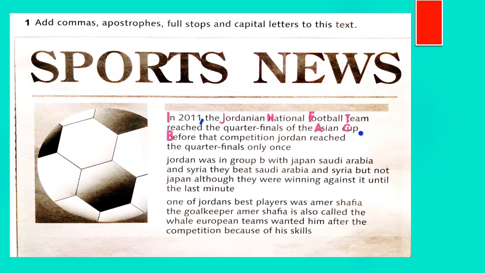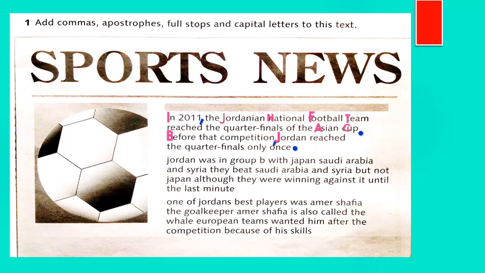So we add a comma. Jordan is national and it is a proper noun. So Jordan reached the quarterfinals only once. So here we add a full stop because it is the end of a sentence.